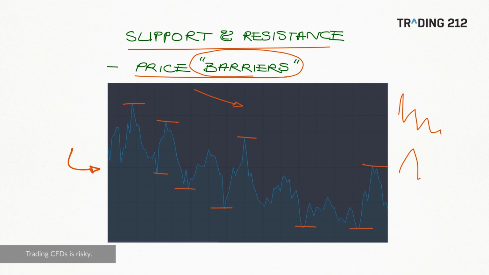So these are our resistance levels here, and here are our support levels. And what's interesting here is that if we look at these two, then they're pretty much at the same level, and that brings us onto a key part of support and resistance.